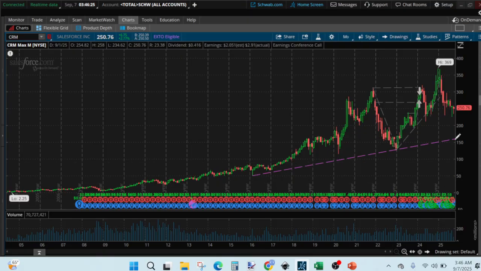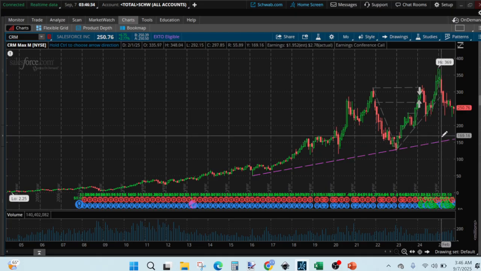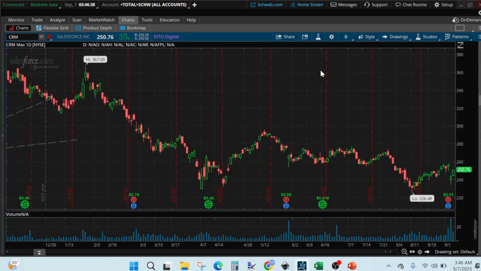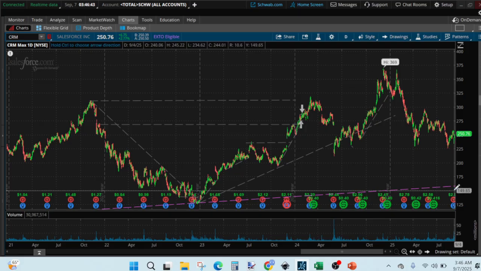You trace your lines and you just pinpoint the ones that you think are more valid lines that the price touches base with often, and you analyze your chart on a daily basis on the maximum daily chart, comparing where the price is to where you want to buy it.